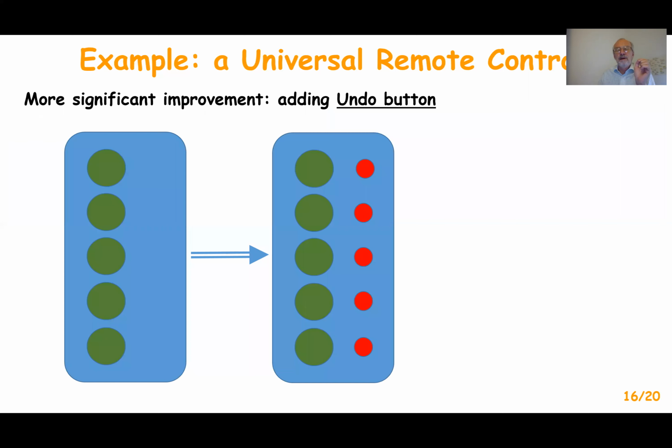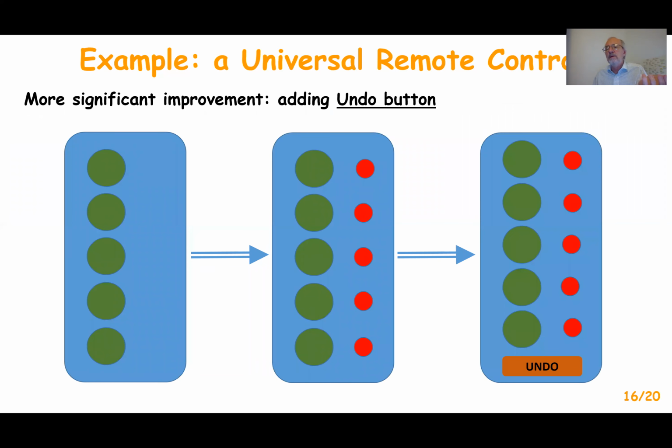Now we have this device with on and off buttons, and it would be practically useful to add at least one more button called undo. The semantics of such an undo button could be obvious.